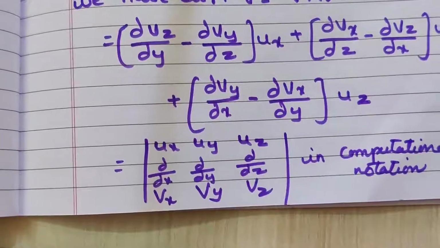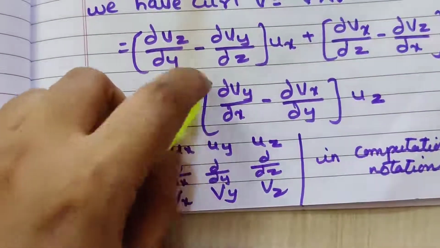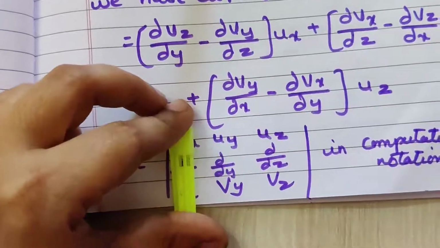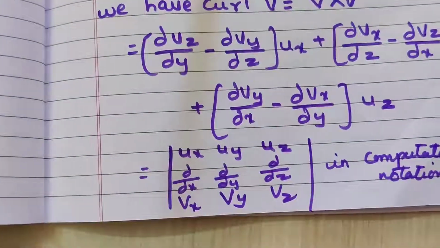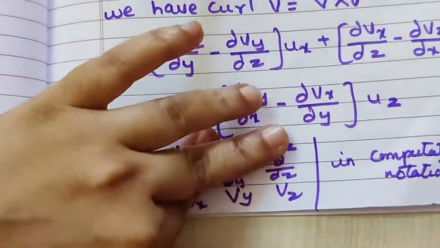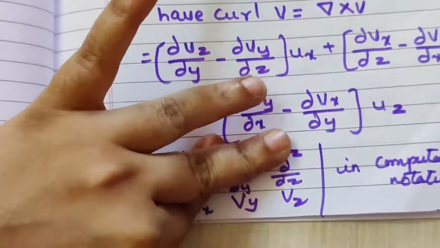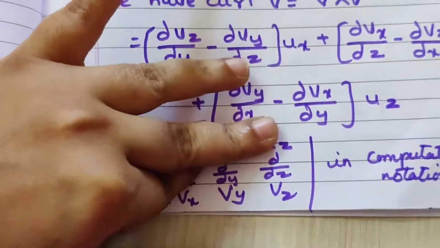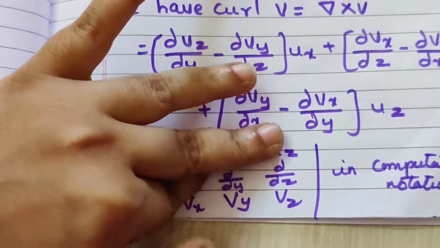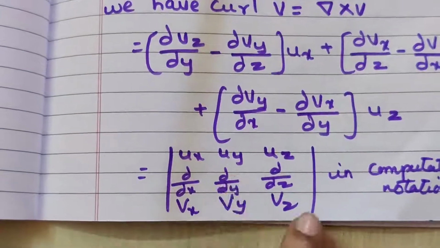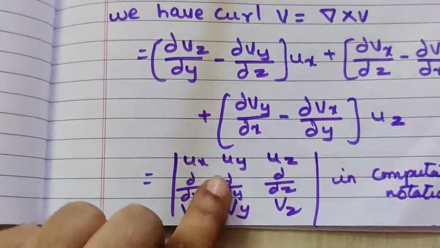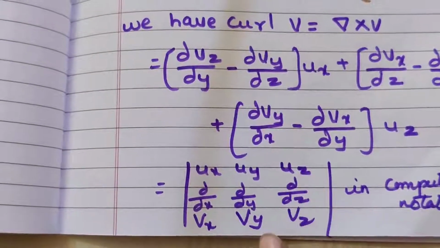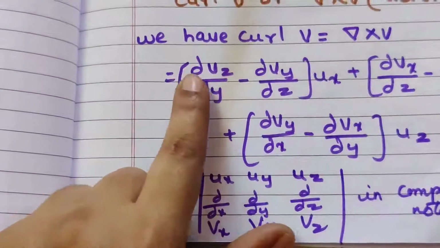Just cover this row and column, and the remaining part, cross multiplied, gives ∂vz/∂y minus ∂vy/∂z. That is what you wrote here, right?